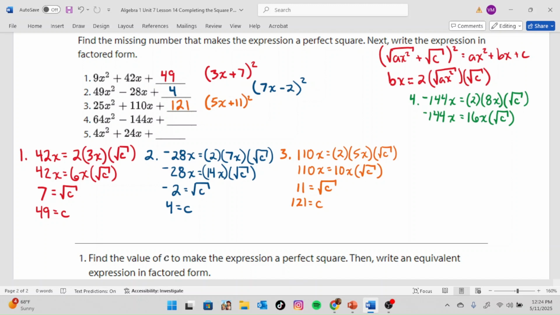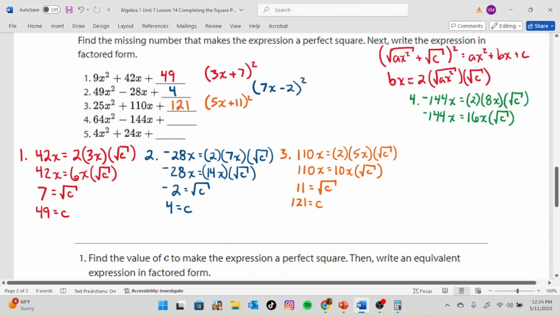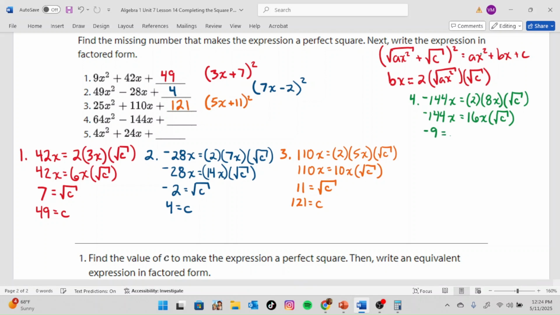Now we would divide both sides by 16x. 144 divided by 16 equals 9. So this leaves us -9 equals the square root of c. If I square both sides, then -9 times -9 is 81. So that is the missing c value.